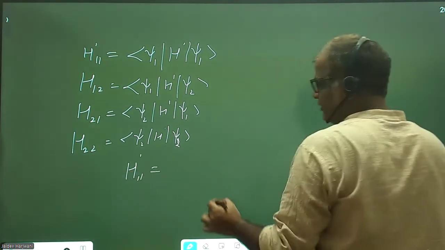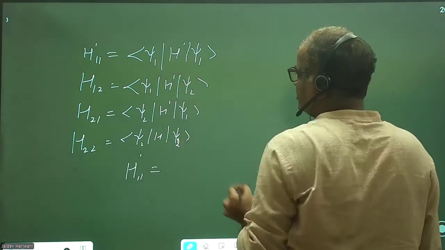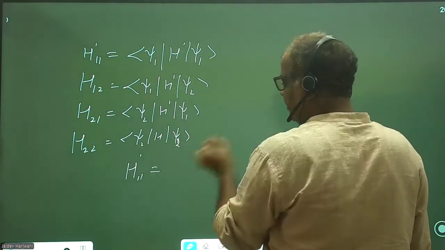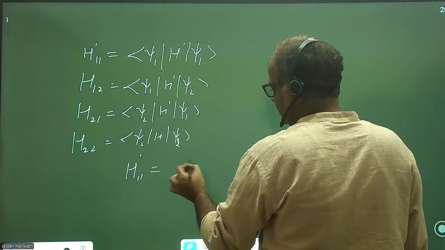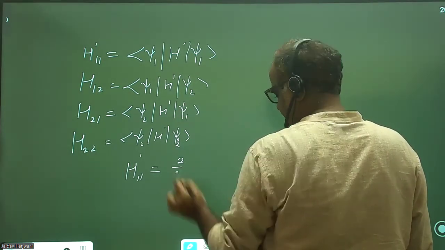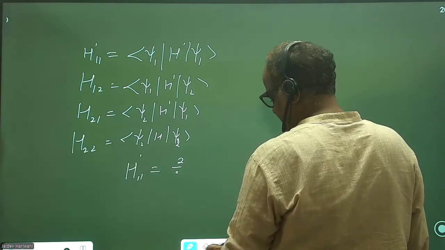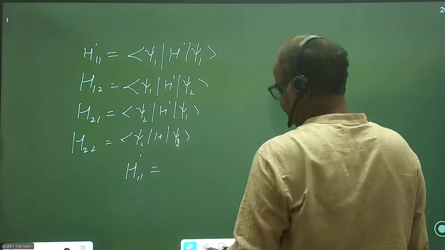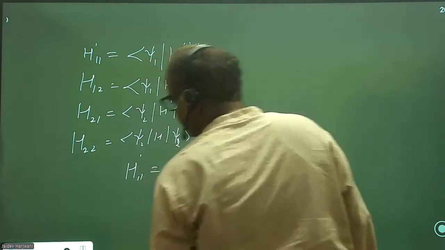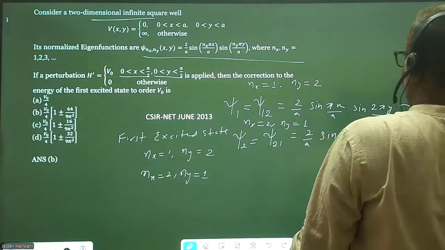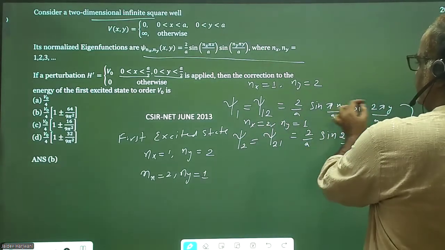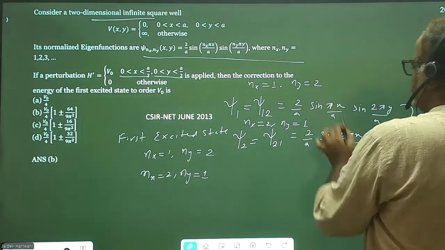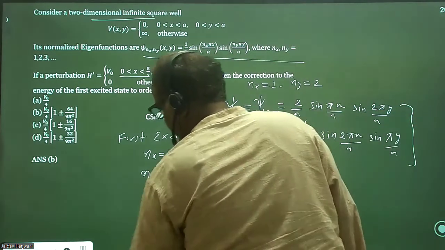So that will be equal to, H dash is V naught, and psi1, as I already told you, is 2 upon a sine pi x. So now what can we write?